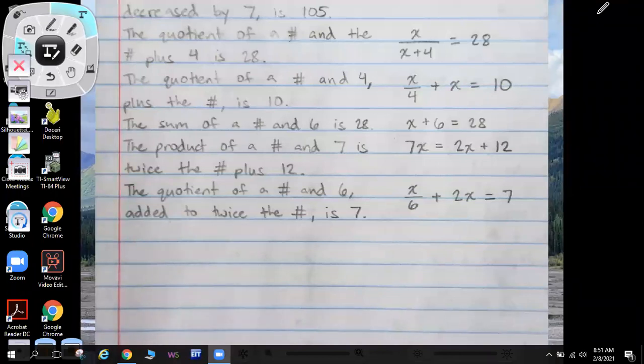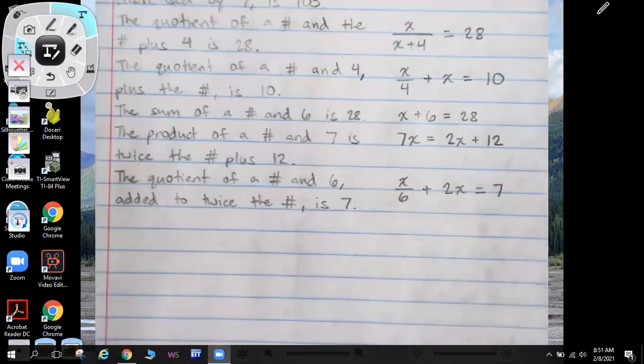So now we're going to look at what it takes to solve a word problem, an applied problem. So we got some steps that we're going to write down first.